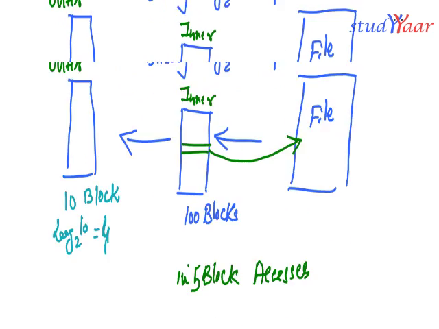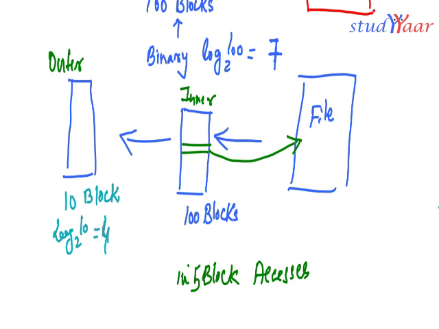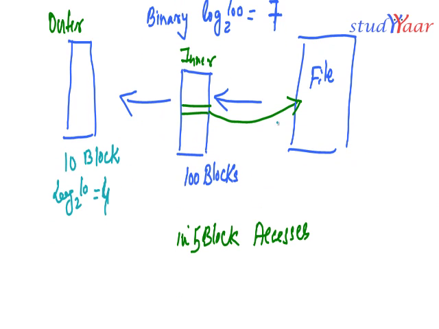So this is the concept of multi-level indices. So let's suppose I need to find a record whose search key is 21,634. Here I would have, let's suppose, a search key 20,000.